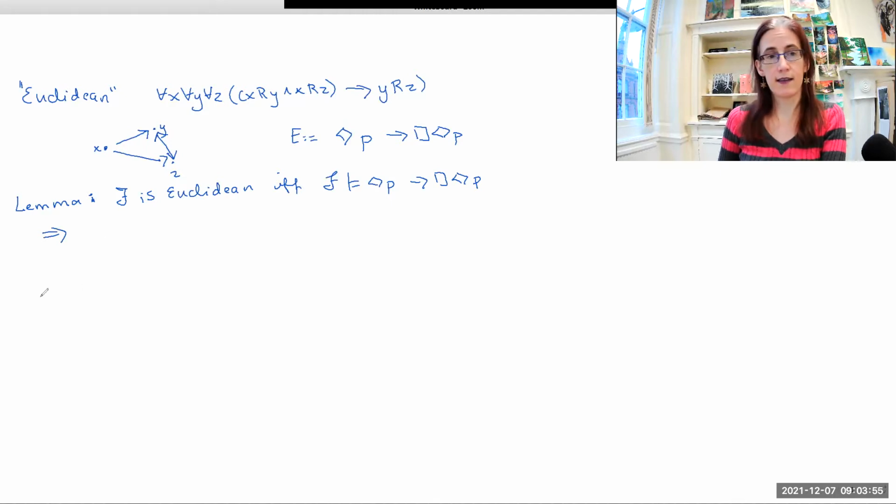In this case, it is the left to right version. So we start off by assuming that we have a frame F that is in fact Euclidean.